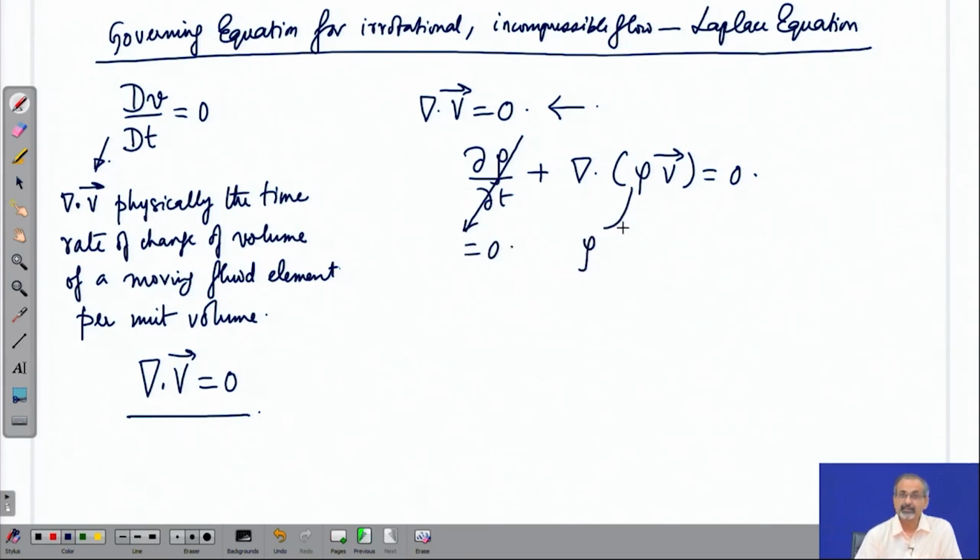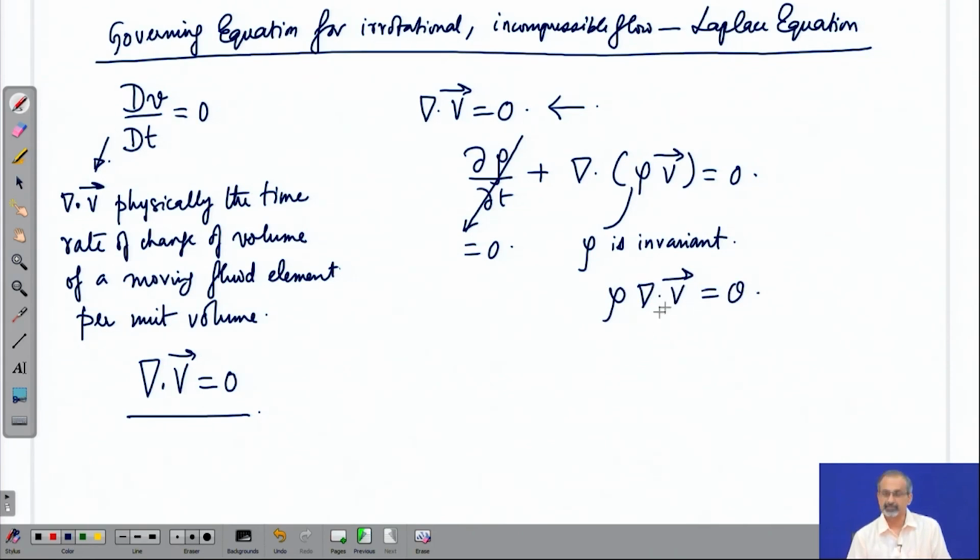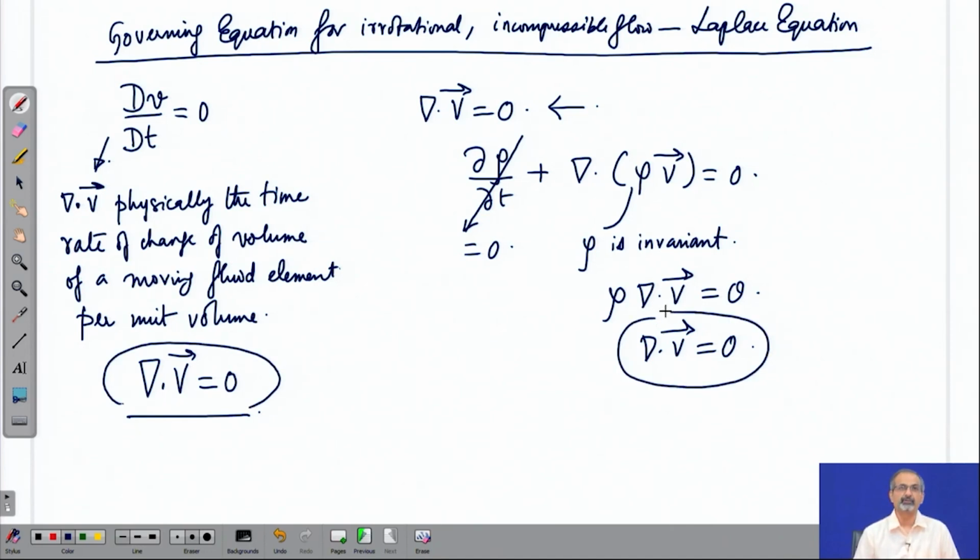Also, the density will be invariant. Therefore, it comes out of the dot product. The equation basically becomes like this, which means it is divergence V equal to 0. So, we have first looked at the condition of incompressibility through this condition of divergence V equal to 0, which can be shown by two different means.